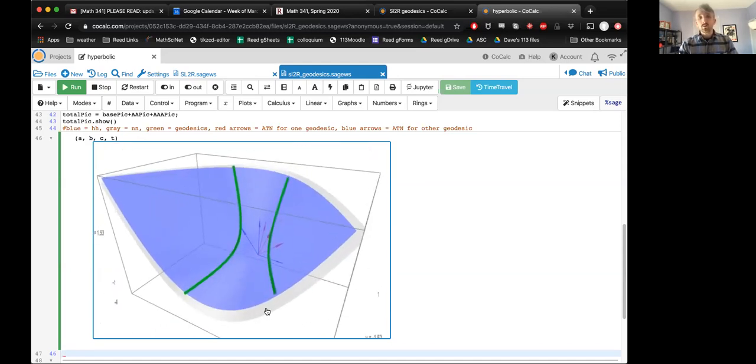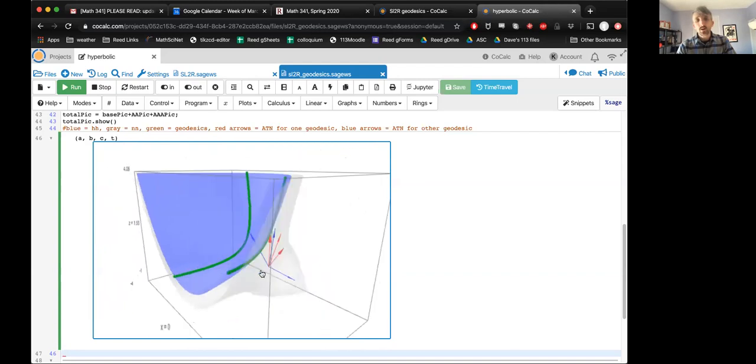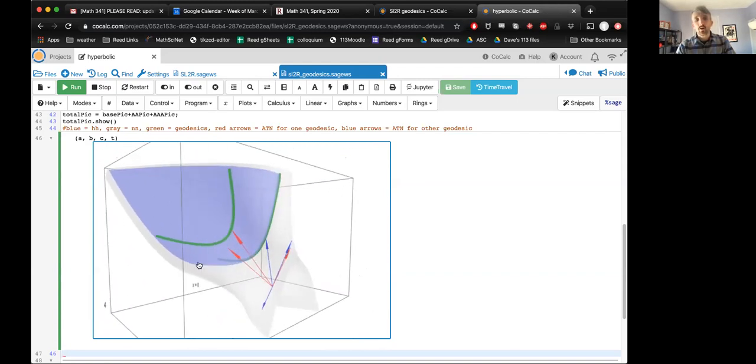And what I've done with these green lines is just chosen some more or less arbitrary initial points A and tangent vectors T. So let's focus on this one first. And what you can see here is that one of these red arrows is pointing from the origin to the curve. That arrow is A, right? That is a point that the green curve is passing through.